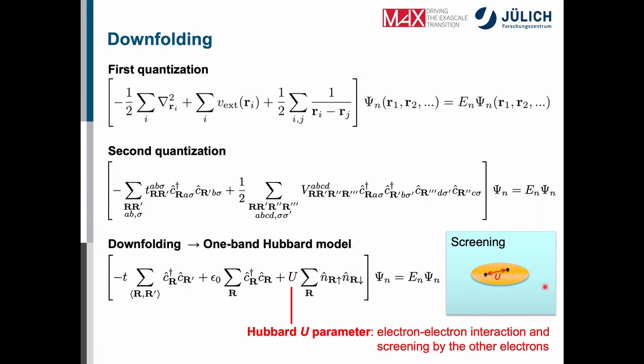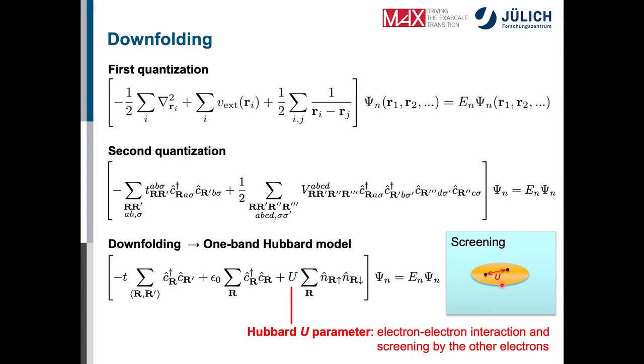Whenever two electrons in the correlated subspace interact with each other, they do not do so with a bare Coulomb interaction, but with an effective interaction that incorporates the screening processes of all other electrons that are not included in the model subspace. So the Hubbard U parameter contains a lot of the complexity of the full many-body problem.